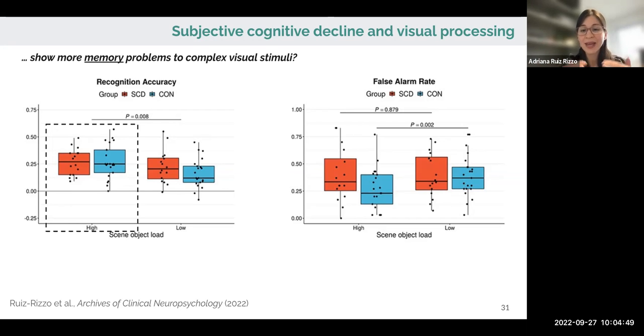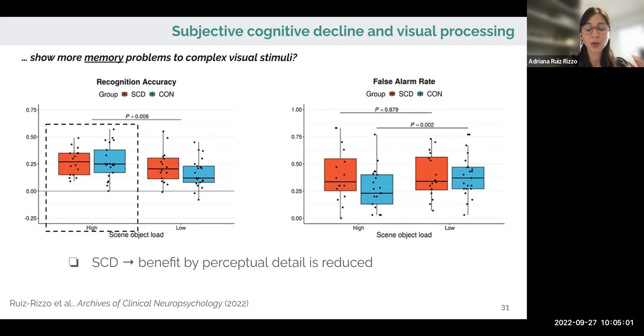They didn't make that distinction, whereas the controls did benefit from the high load scenes. This told us that subjective cognitive decline seems to reduce the benefit given by perceptual detail in these highly complex, high object load scenes.